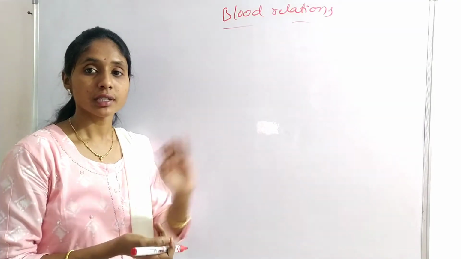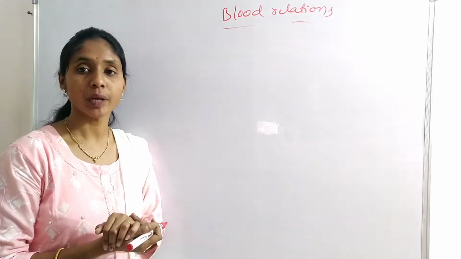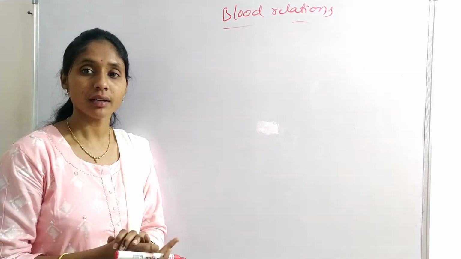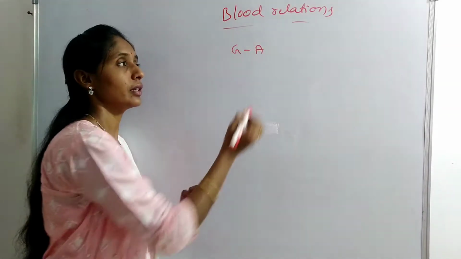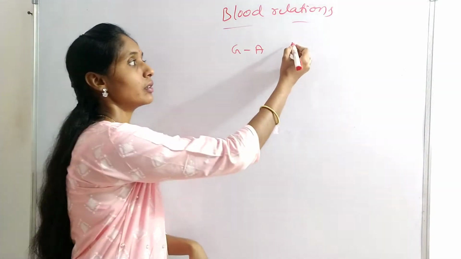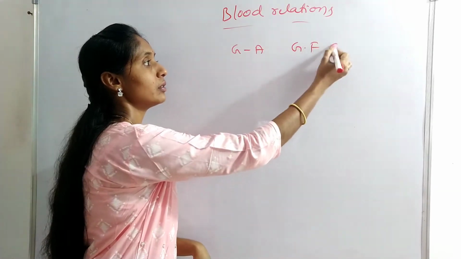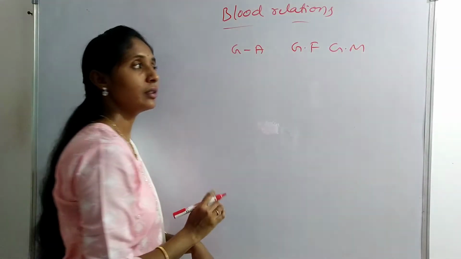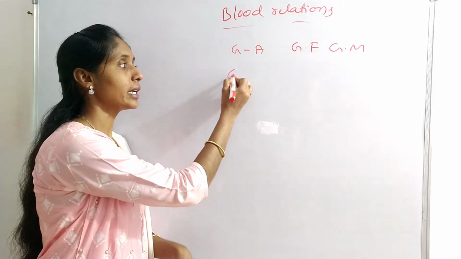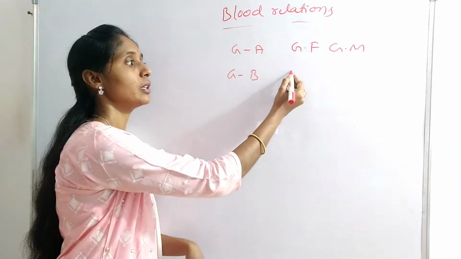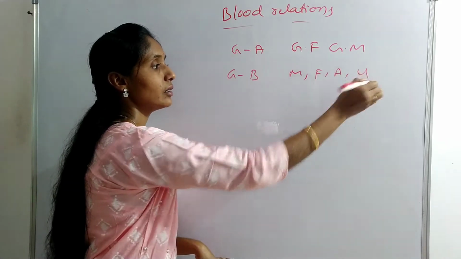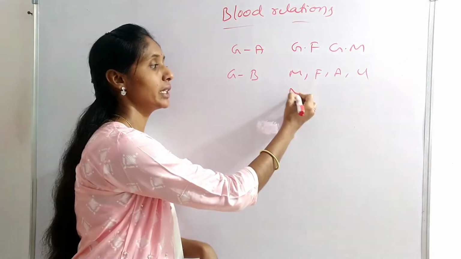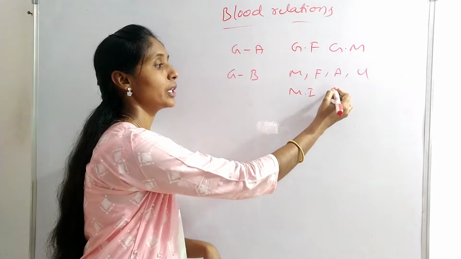We should know some information regarding blood relation, that is the generation tree. In the first generation, take it as A: our grandparents, grandfather, grandmother. In the second generation, that is B: mother, father, aunt, uncle, mother-in-law, father-in-law.